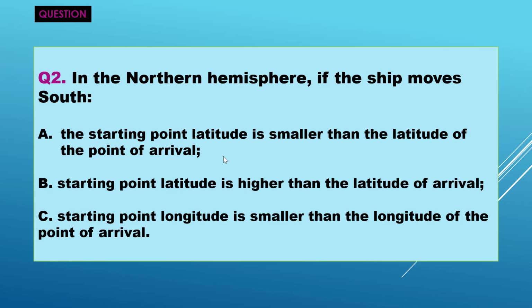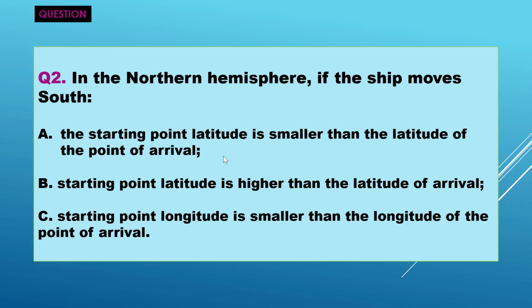So the next question. In the northern hemisphere, you are in the northern hemisphere. If the ship moves south, if the ship moves downward, A, the starting point latitude is smaller than the latitude of the point of arrival. B, starting point latitude is higher than the latitude of arrival.